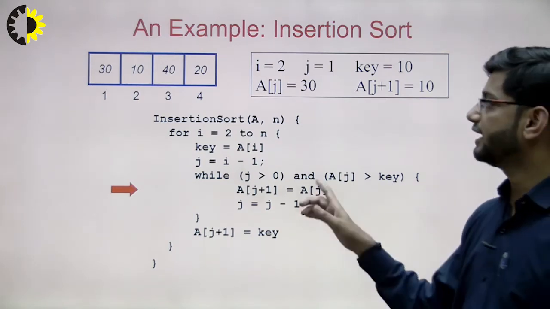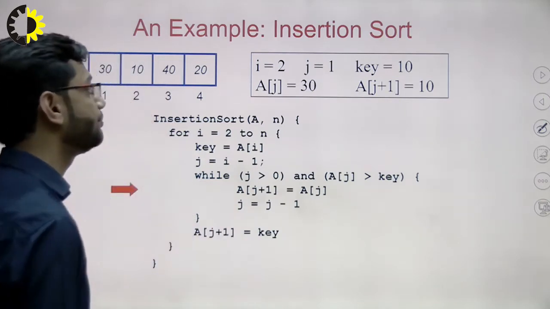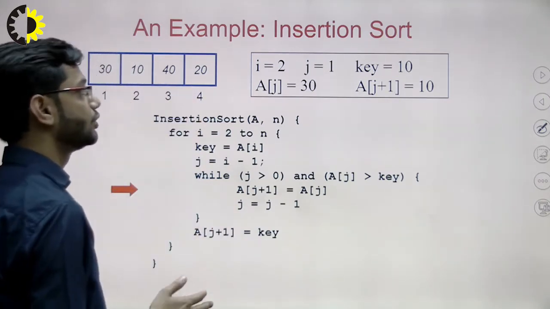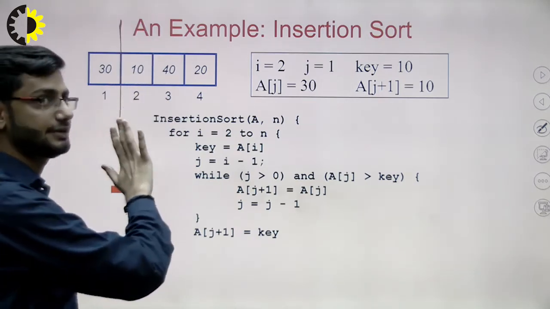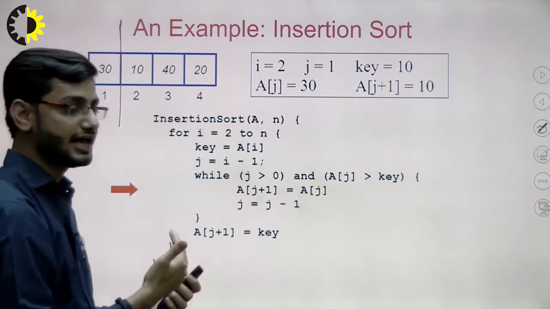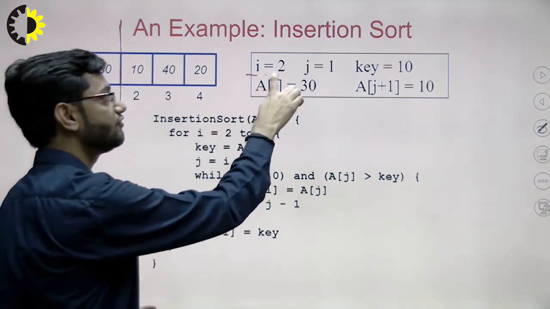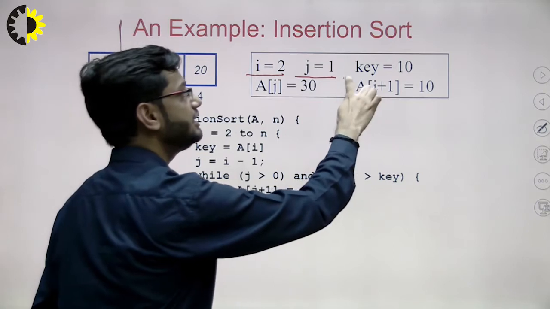So this is the algorithm for insertion sort. This is the input array 30, 10, 40, 20. I am saying that this 30 is at the right place, and I am placing the elements from I equal to 2 to 4. Initially the value of I will be 2, J value will be 1, and key value will be 10.